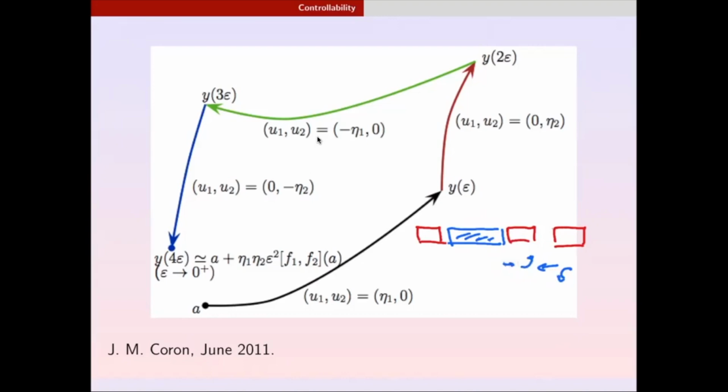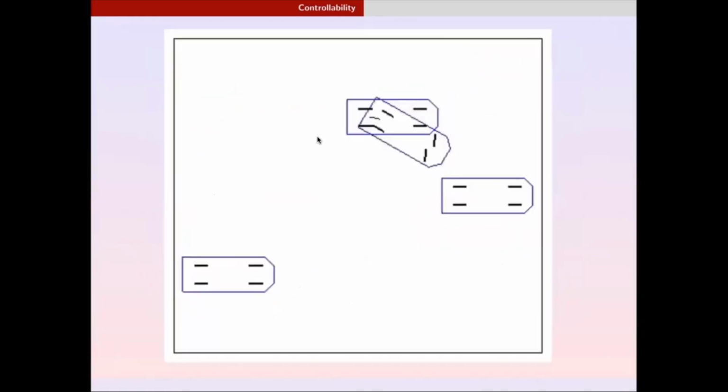You move forward, left, backwards, right. So you say, well, I'm moving forward and then backward, I'm driving left and then right. Why am I doing this? Well, it's because the operations of moving forward and driving left, moving backward, and then driving right, are not commuting.